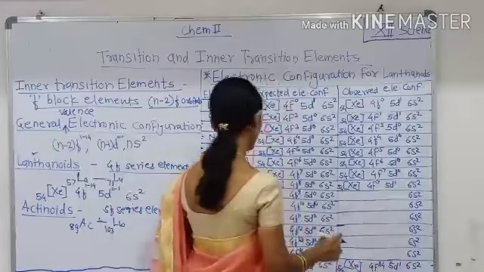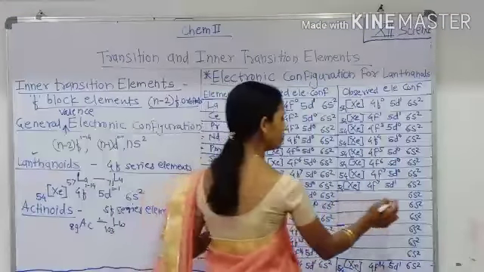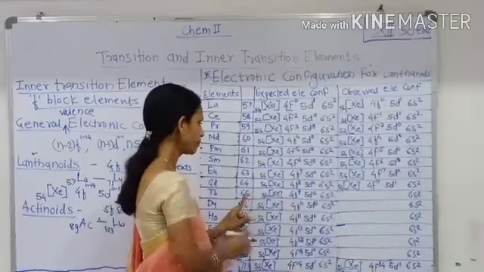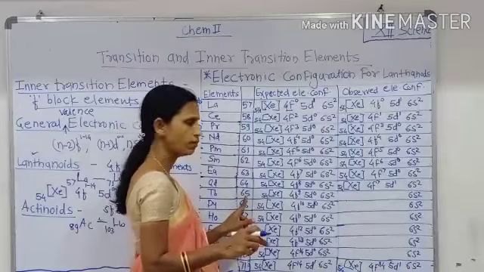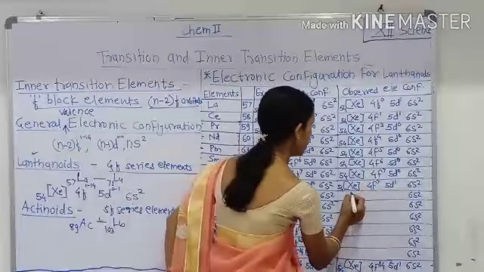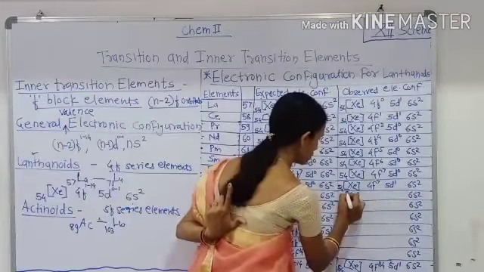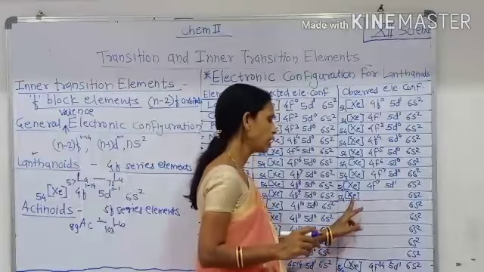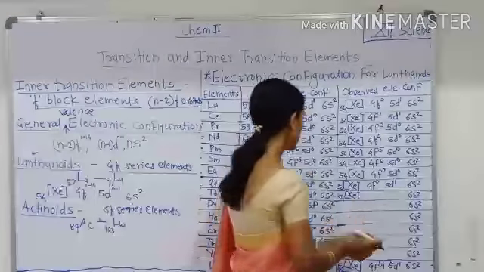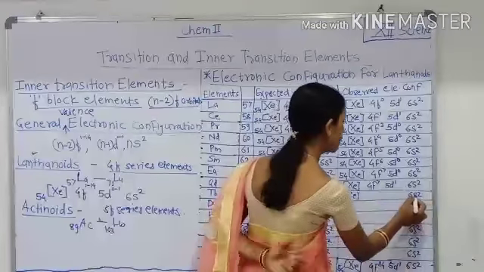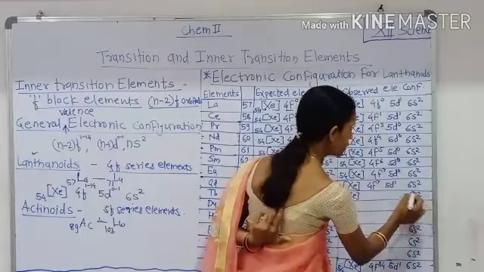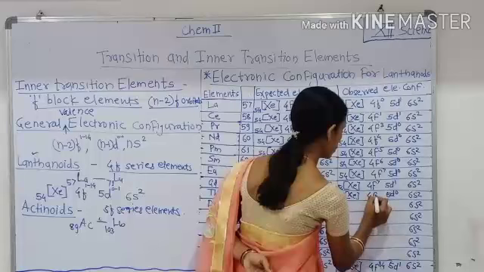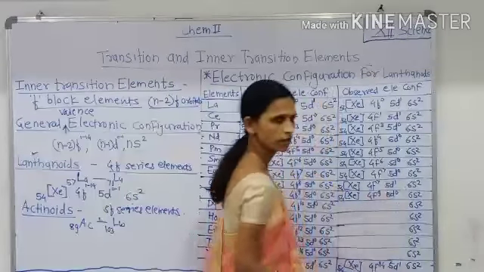4f7 electrons are there. Then for terbium, having atomic number 65, the 54 electrons have the electronic configuration of xenon, and of the remaining 11 electrons, 2 electrons are present in 6s, 5d0, therefore 4f9 is there.